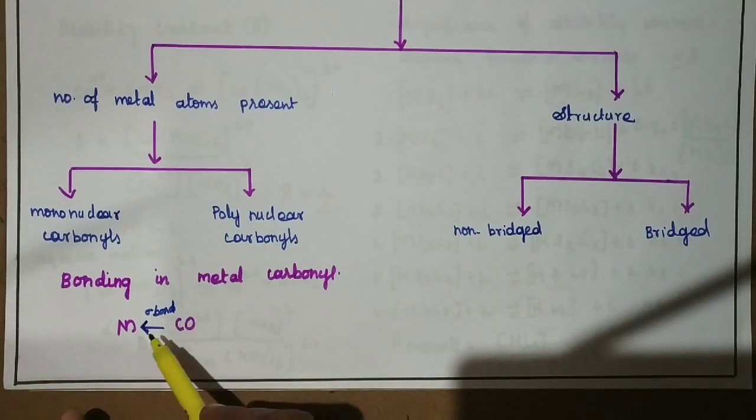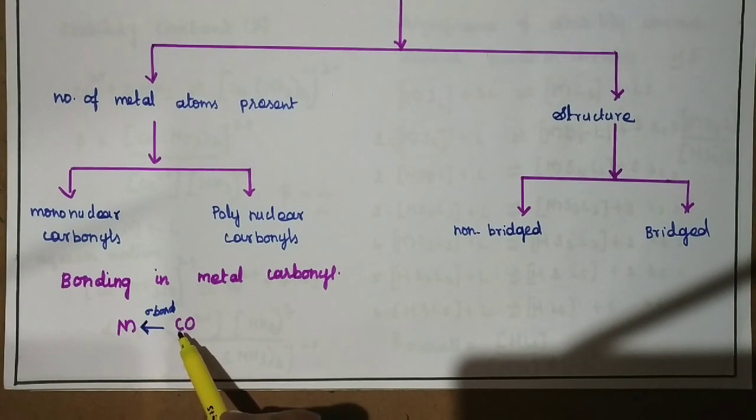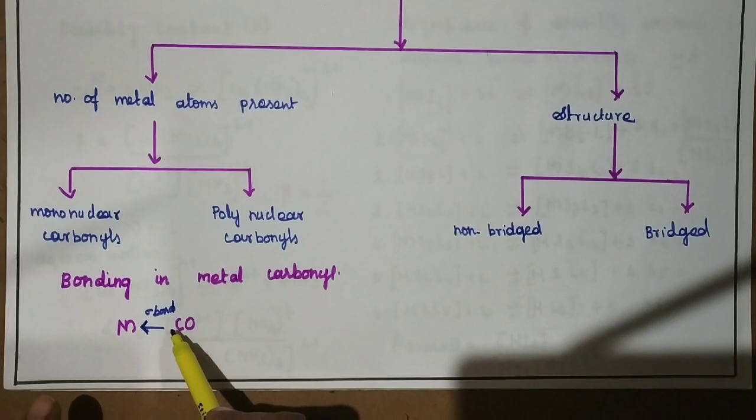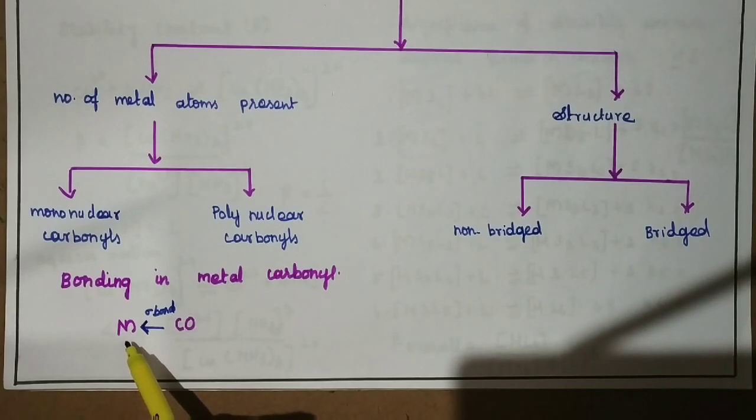What does this type of bond mean? The ligand gives the lone pair of electrons to the central metal ion.